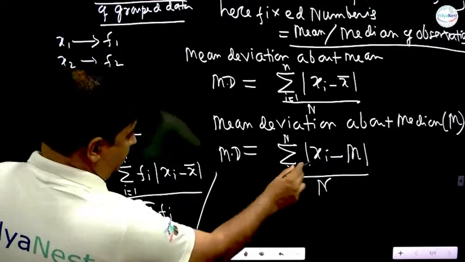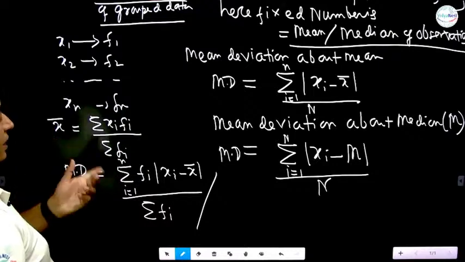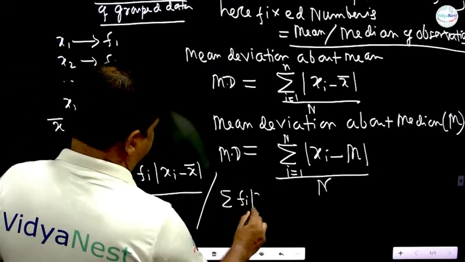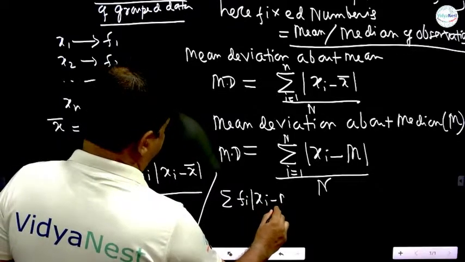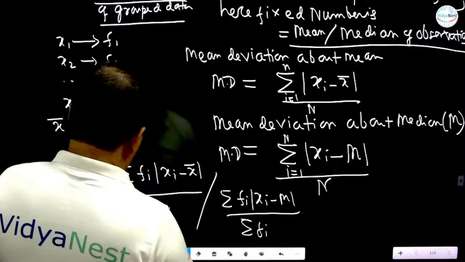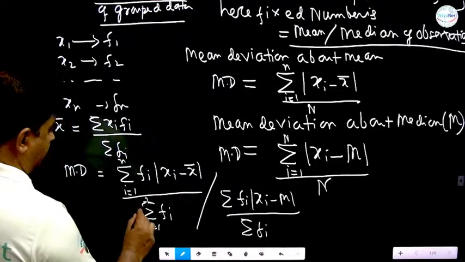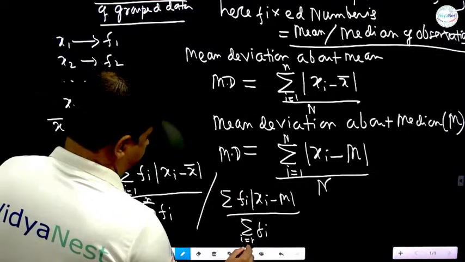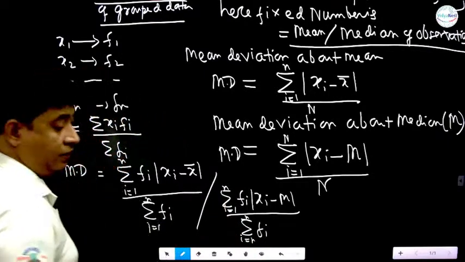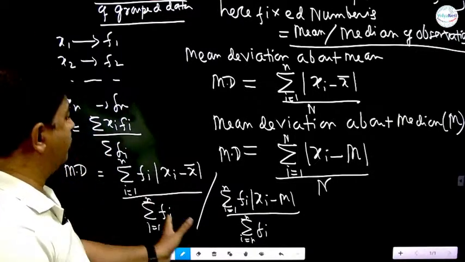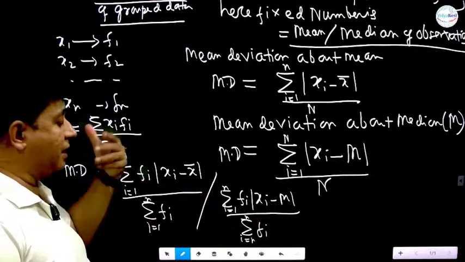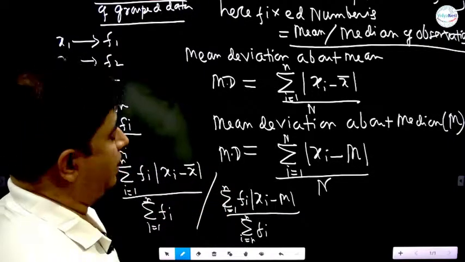Or in case of mean deviation about median, so these are the formulas of group data. If group data is given in median, you know how to find. In class 10 board exam you had to face that.